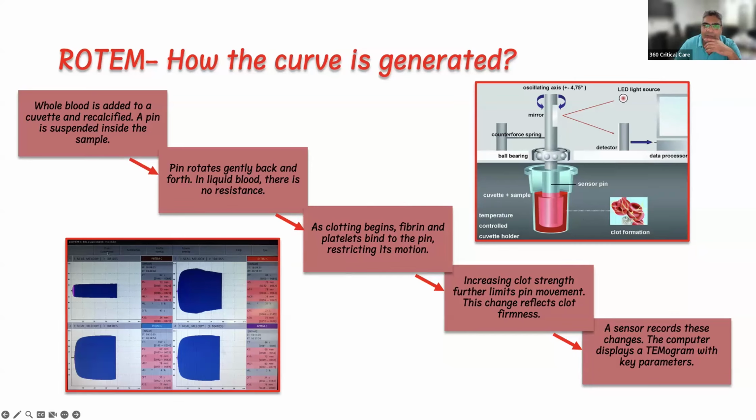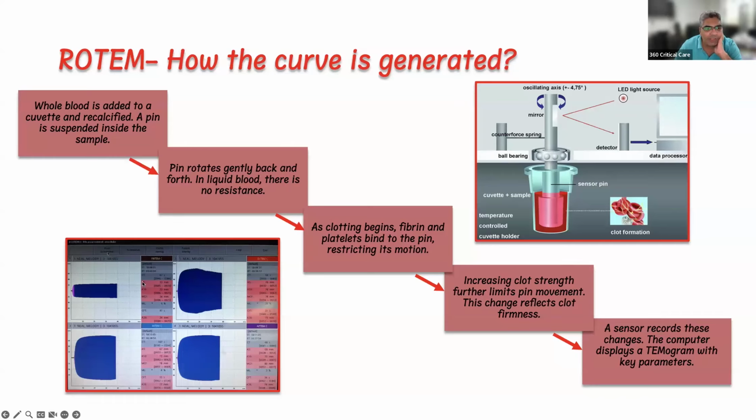Now there are different curves that we look at based on the reagent used in the cuvette. Usually there are four or five specific curves represented in that figure. The first one is called FIBTEM, which is fibrinogen oriented.